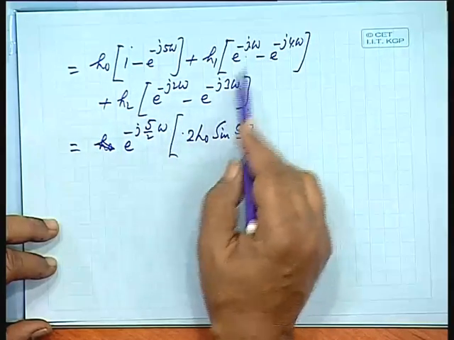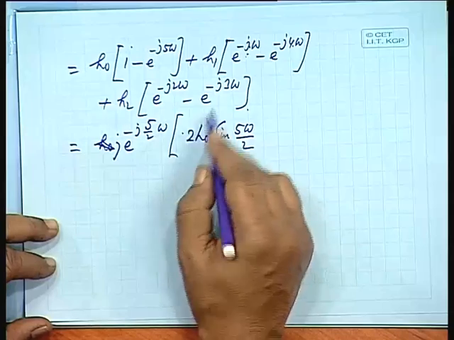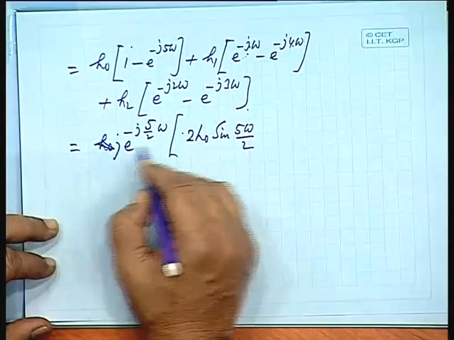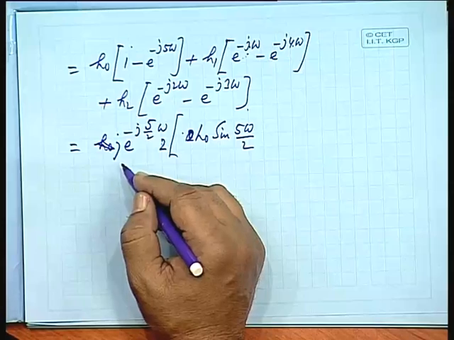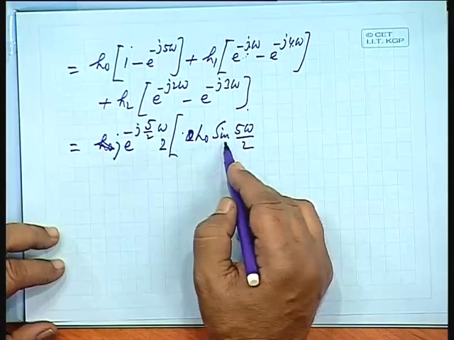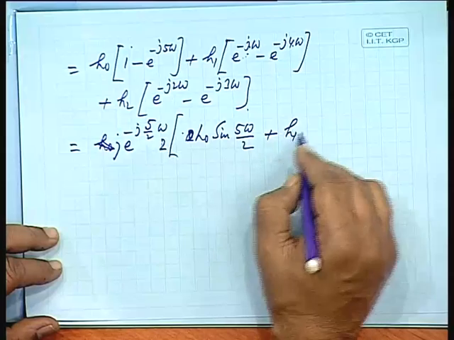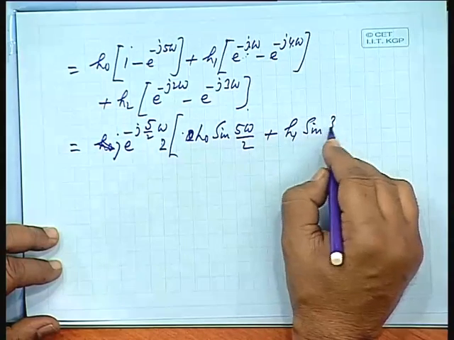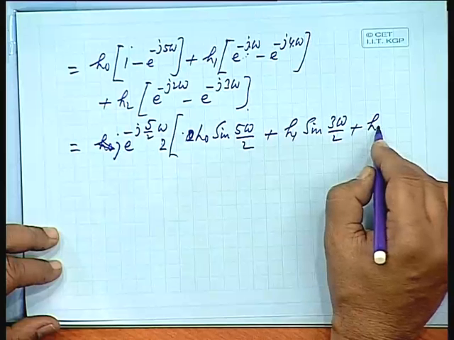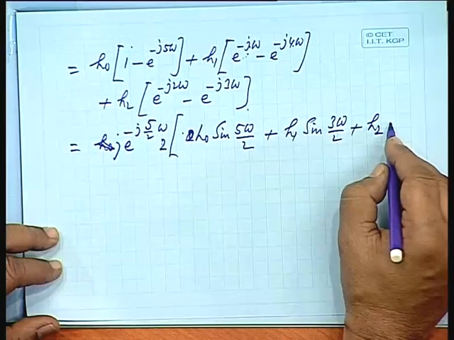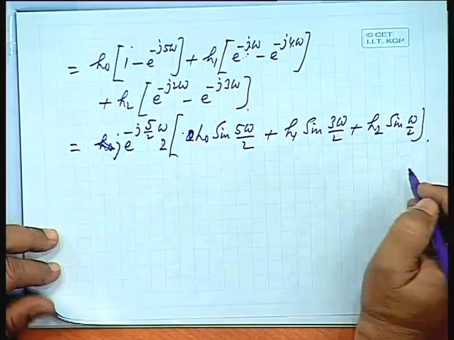Everywhere there will be a j term because it is minus. So, I can write 2j outside. So, I will get H0 sin(5ω/2) plus H1 sin(3ω/2) plus H2 sin(ω/2). Is it all right?